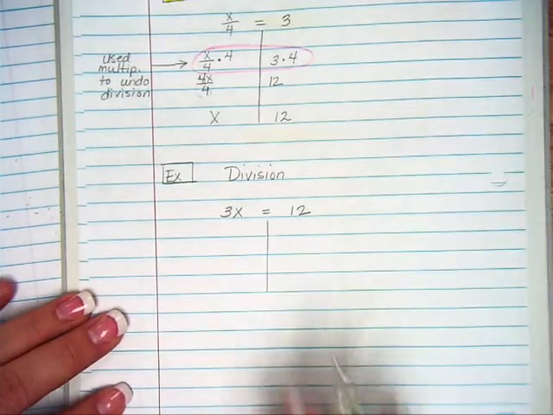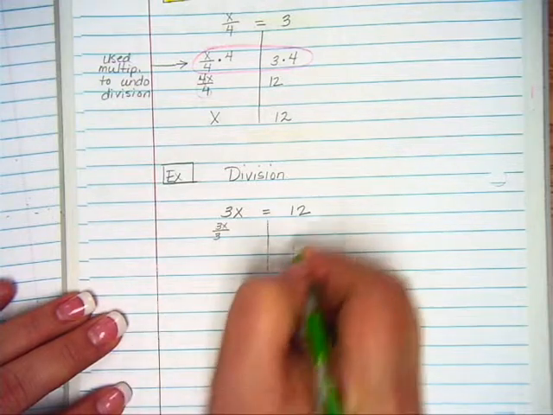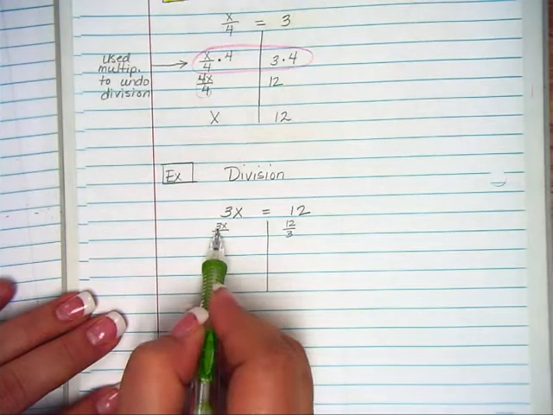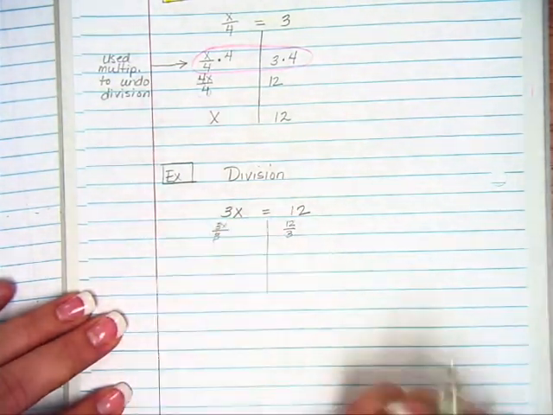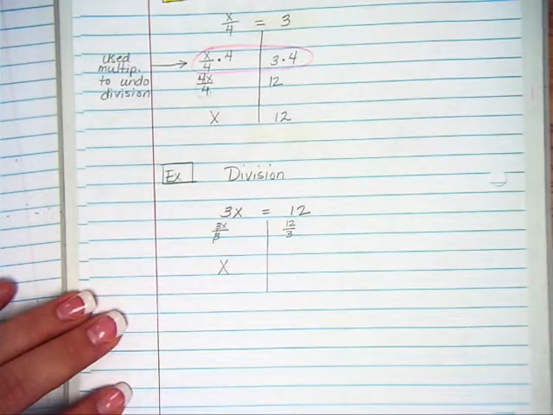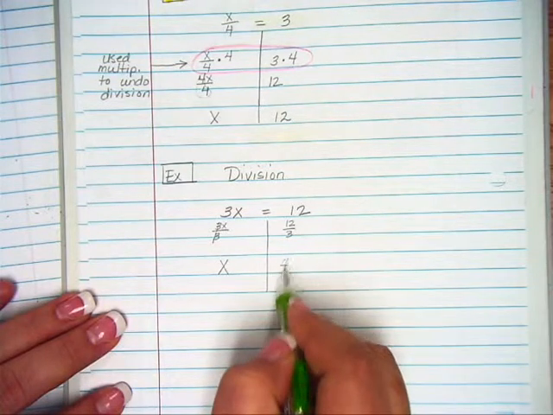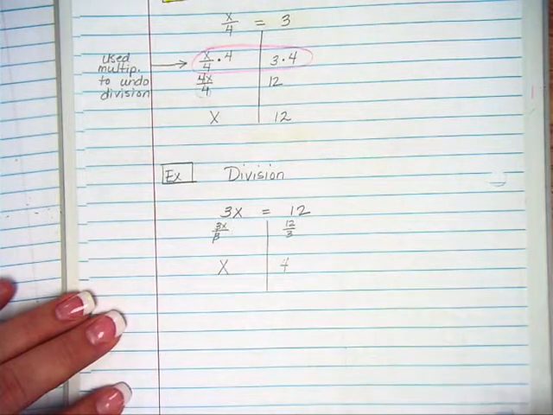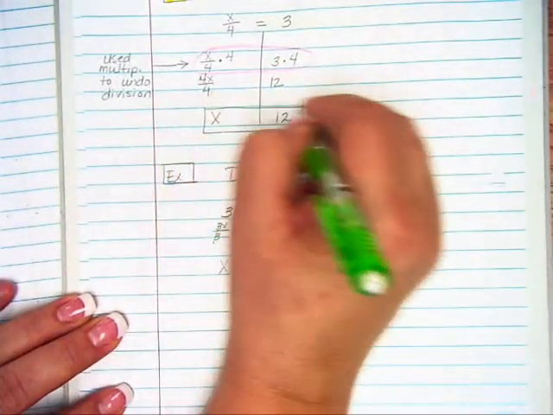What's the opposite? Division. I'm just going to rewrite it here for neatness. So now I have 3x divided by 3. Well, 3 over 3 is 1, so I can cancel that out. That leaves me with my x. What is 12 divided by 3? 4. So x is 4. Is 3 times 4 equal to 12? We did it. There's my answer.